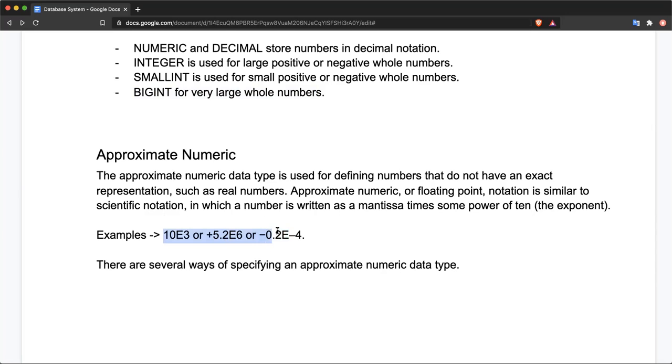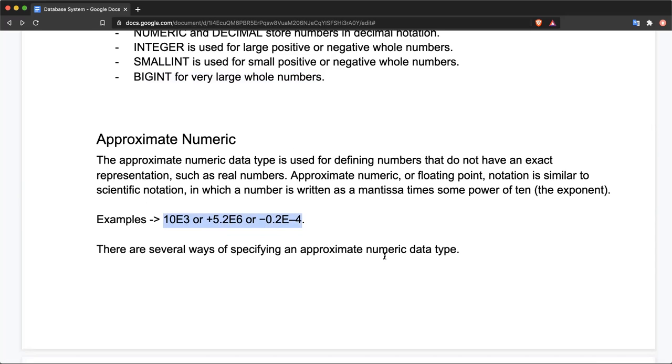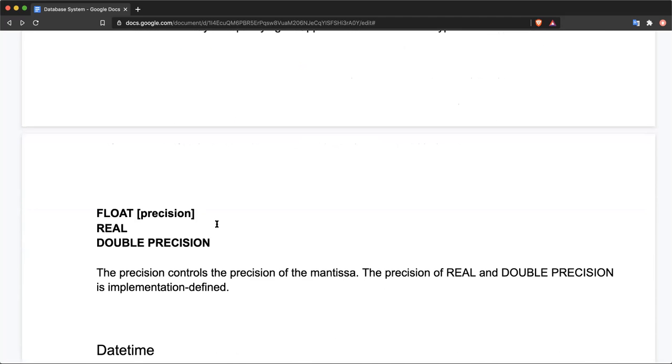These types of numbers are stored in the approximate numeric data type. There we have 3 of them: float with precision, the real data type, and double precision. Double precision is greater than the float representation.